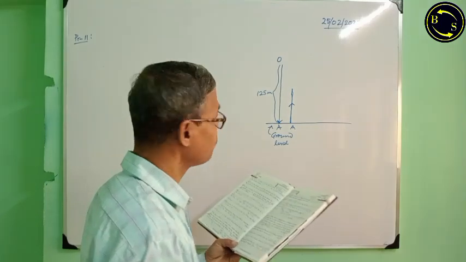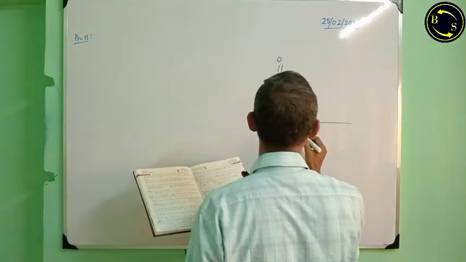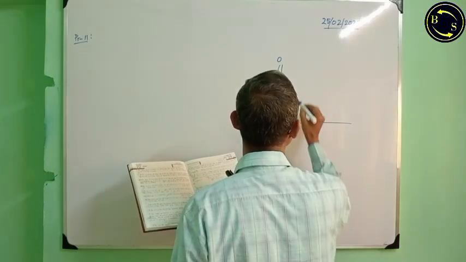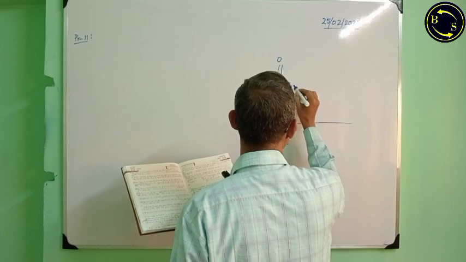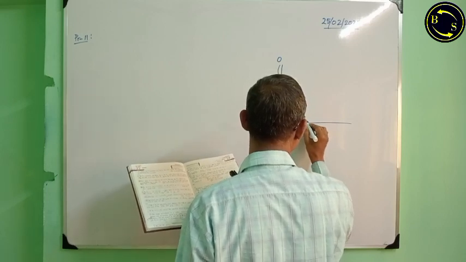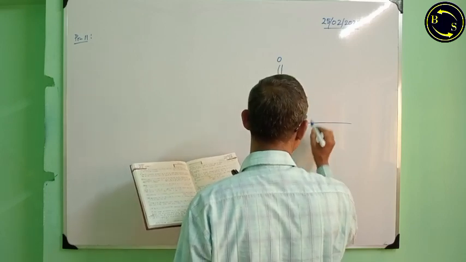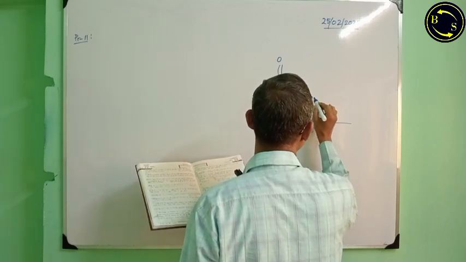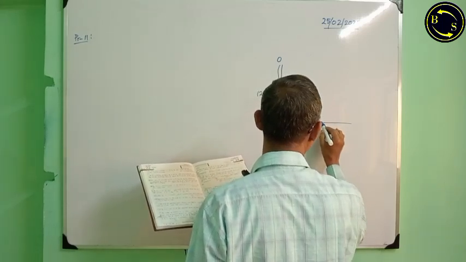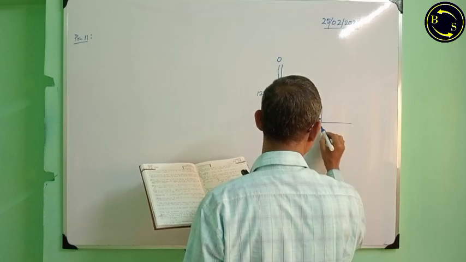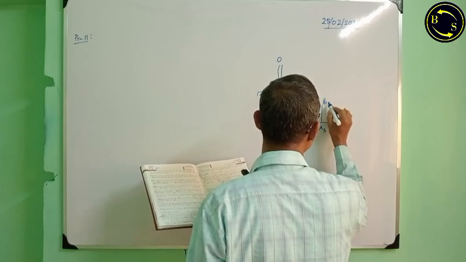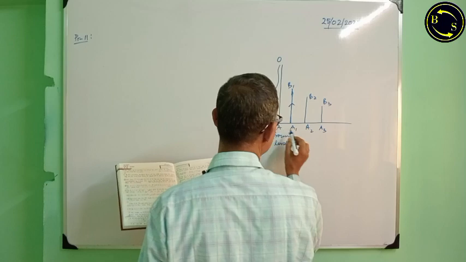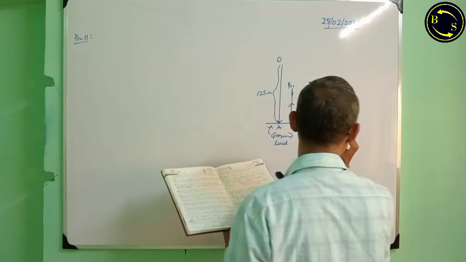For understanding purpose, I am taking a separate place like this. Say this one B1, then A2, B2, A3, B3, first hit, second hit, third hit, fourth hit.